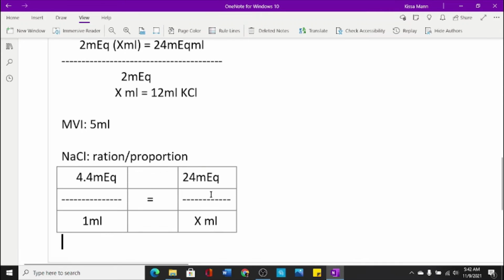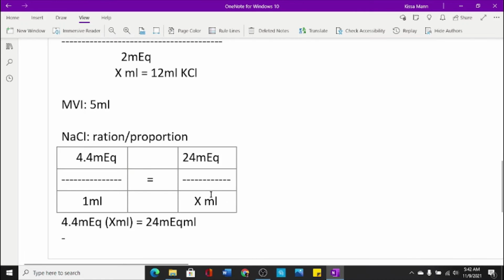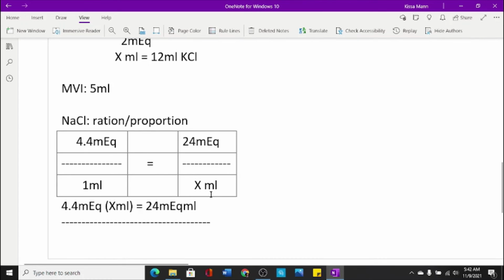We'll cross multiply. Divide both sides by 4.4 milliequivalents.